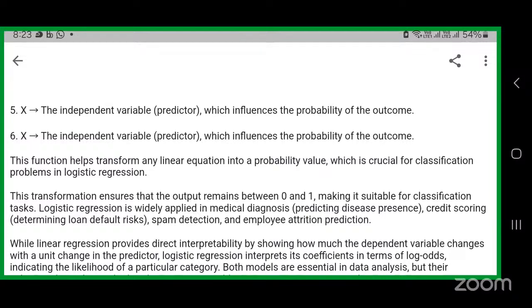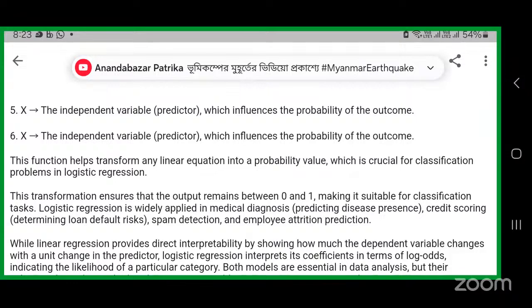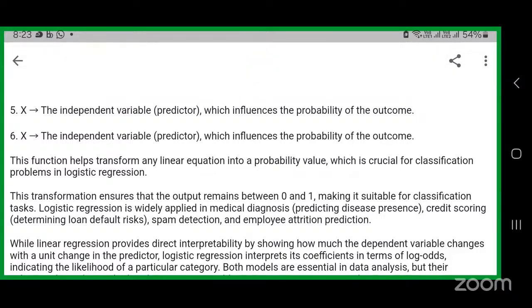Suppose you are interested to study the probability for mechanical aptitude, that is, what is the probability to be an engineer?